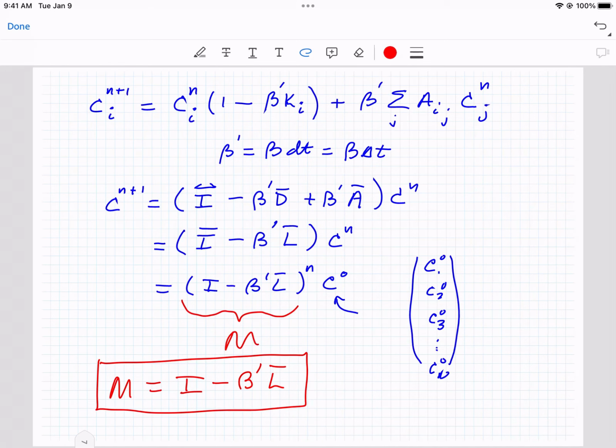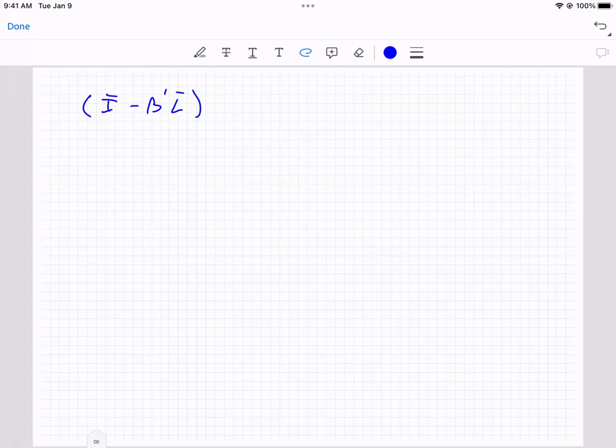I do want to show that we can make an approximation on this, and so that if we look at this at early times, then I can actually make this just a Taylor expansion, so that I minus beta prime L raised to the n becomes, if I take very small time steps, roughly I minus beta prime L n.